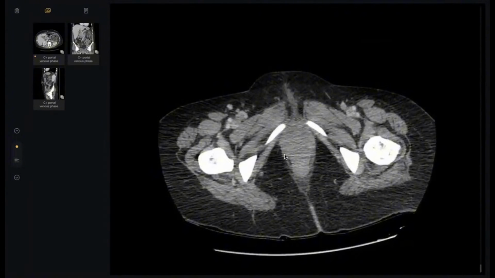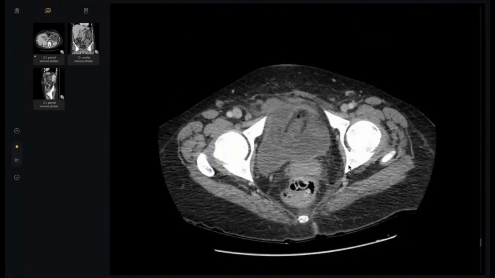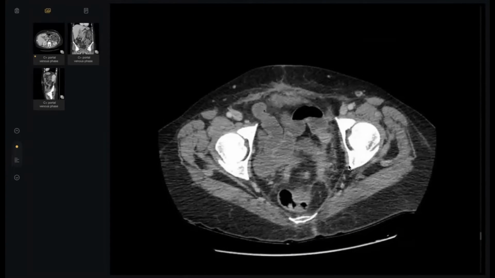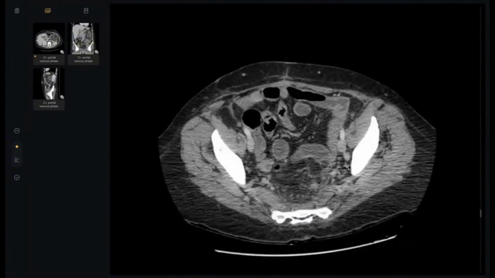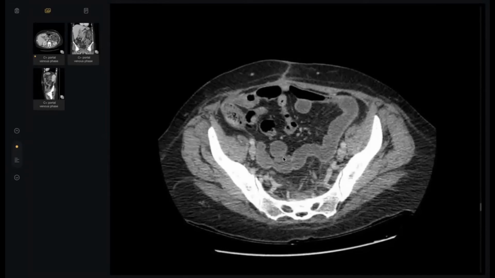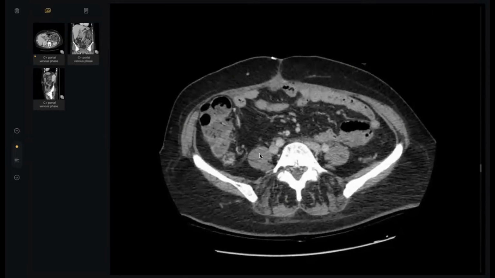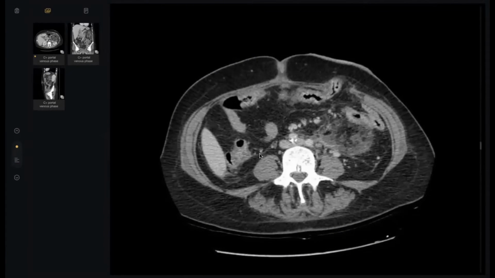If I start from down and follow up, where is the colon? No colon. They closed this, and all of this is small bowel. Go up, no ascending colon.